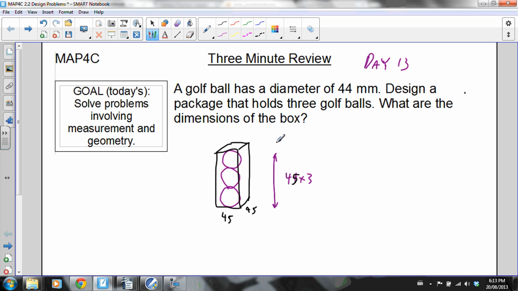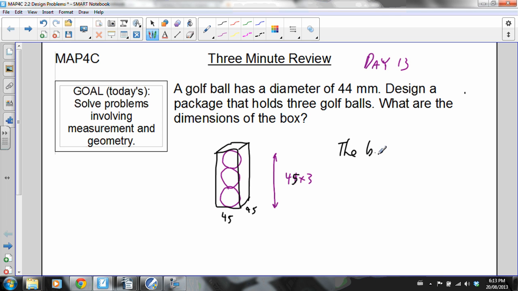But we wouldn't want this to be 50, because that would be wasting packaging. In the question, it looks like all we needed to do is essentially draw this picture. You can see what's going to happen in the lesson: we're going to be asked to find the volume of this box, or how much packaging it'll take, or whatever. So I'm going to write my sentence.